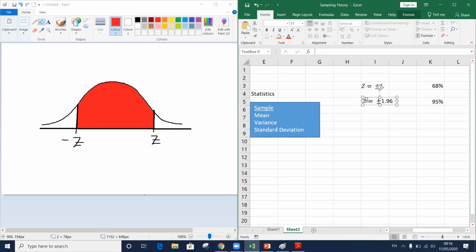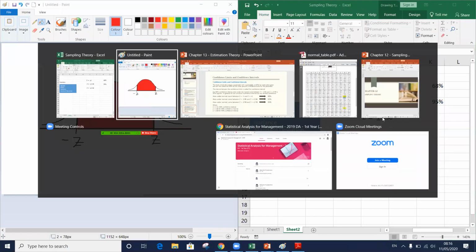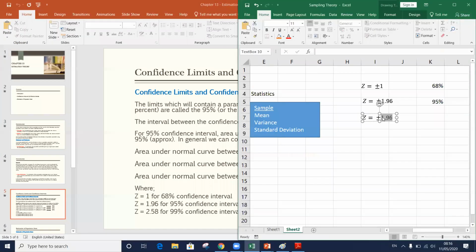And if you apply plus or minus 2.58, you will get the probability value as 99%.